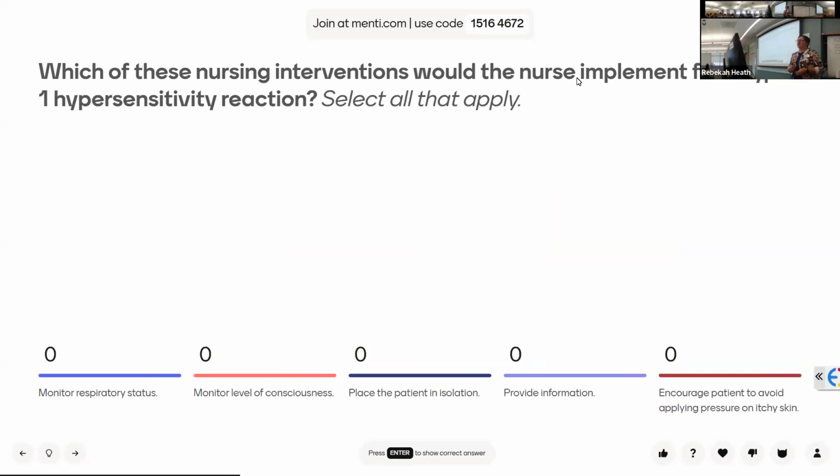So which of these interventions do we implement for a type 1 hypersensitivity reaction?